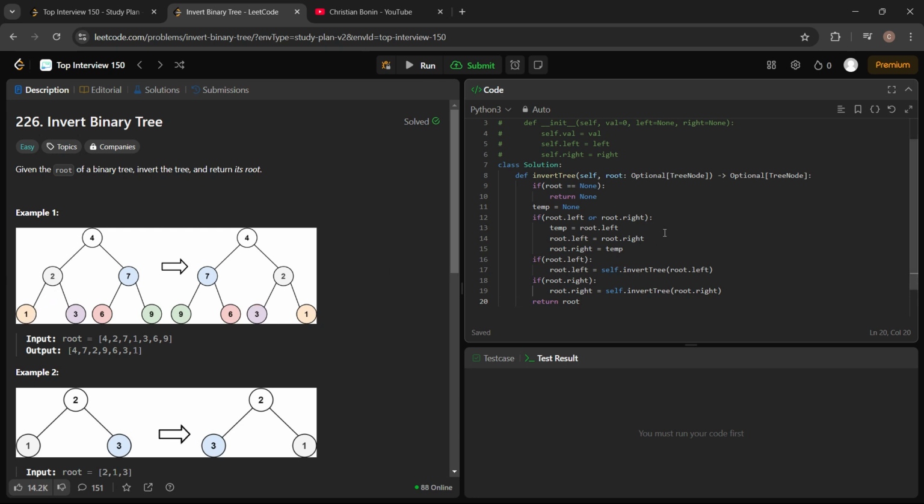And the 1 will have been swapped already at that point because we're swapping it on the way down. That will go into the root.right here. We'll say root.right equals self.invert tree. That's when it comes back on the callback.